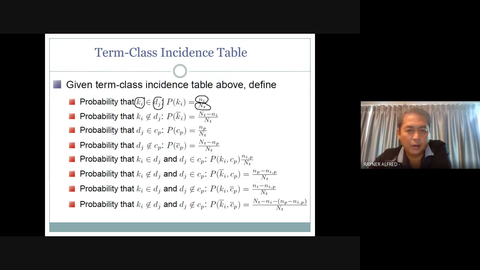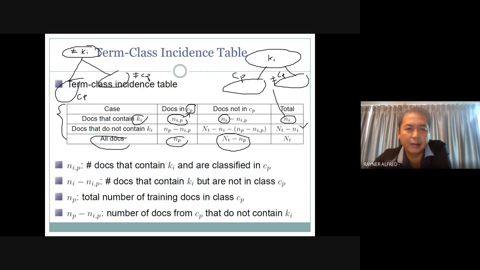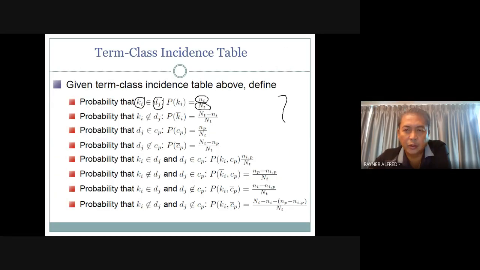So all these probabilities can be derived from this term class incident table. Based on these values, we can limit the features to be included.